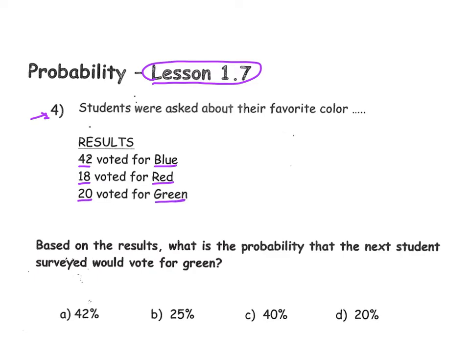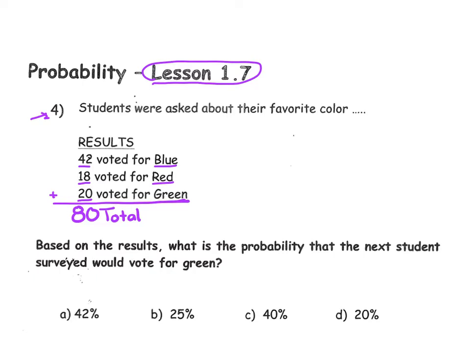Anytime we're given a list of different amounts, we need to calculate a total. Find out the total amount of students that were surveyed. Take a moment and add them up. You should have gotten 80 students total.